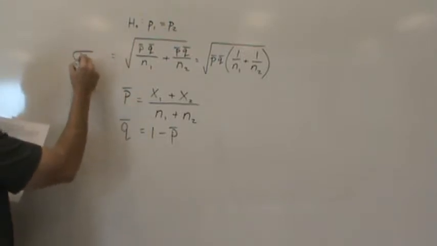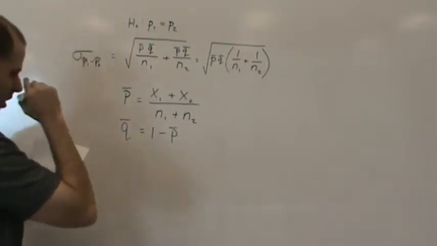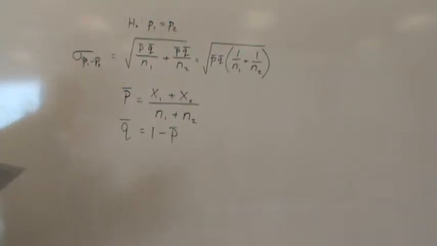So it's the sigma of p hat 1 minus p hat 2. Okay, which again, it just makes sure that we understand what we're putting in.